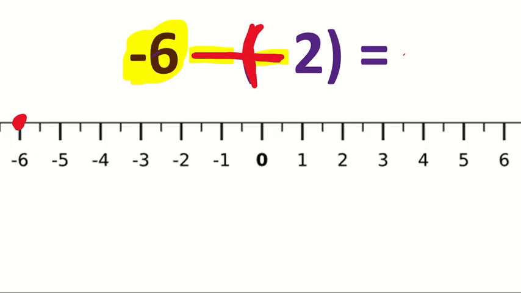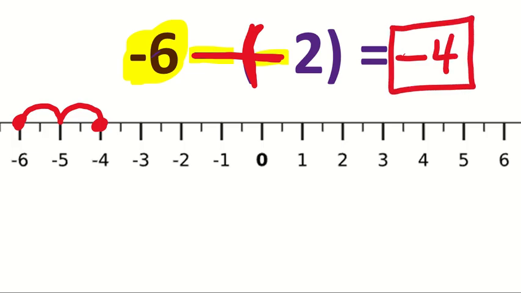But really what we're looking at is negative plus 2, which means we just need to move -6 plus 2, which means we're moving 2 units to the right, 1, 2, and we drop it right over the -4. So our answer is -4.